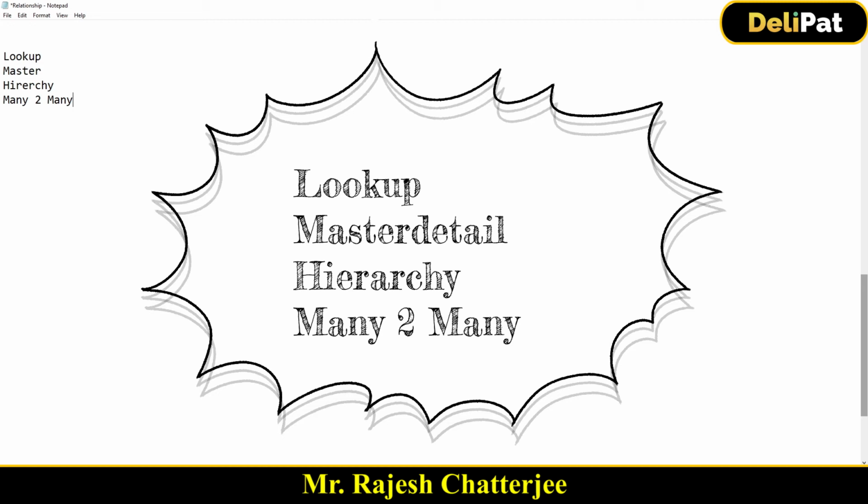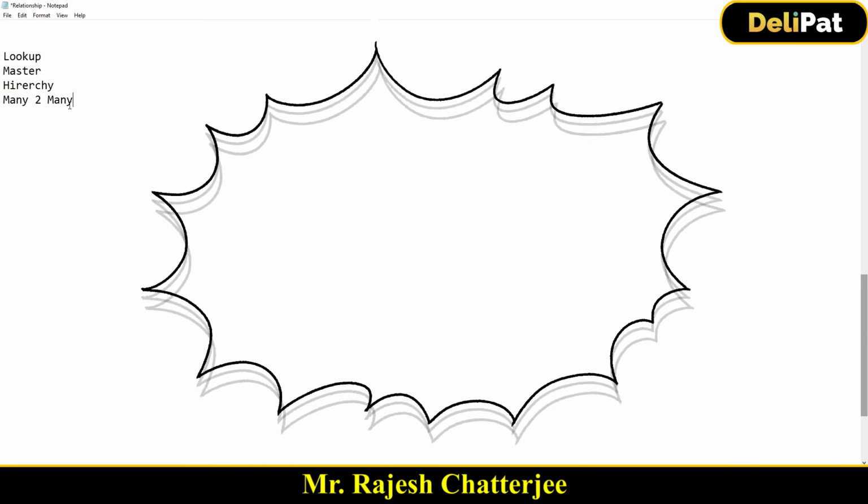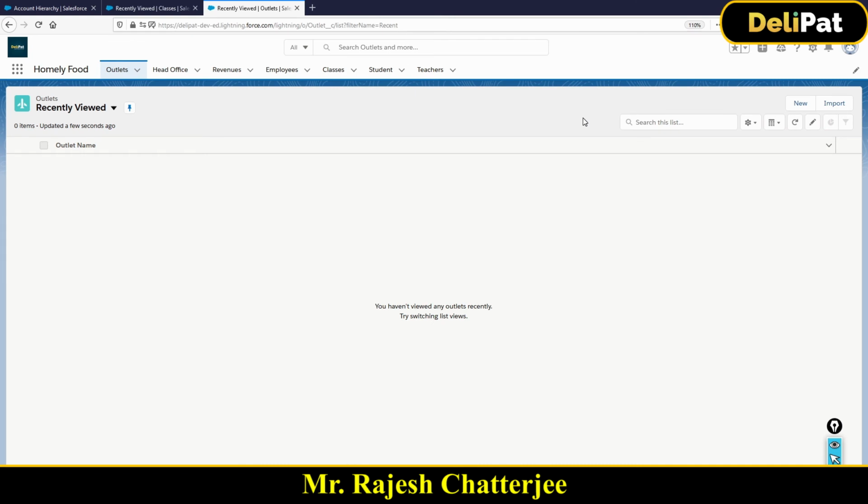Okay, so these are the points. I'm going to talk about a few more points about master detail, and then we'll wrap up the relationship chapter and jump into the security chapter. A few limitations that come with master detail: one object can have a maximum of 2 master detail relationship fields. What do you mean by this?